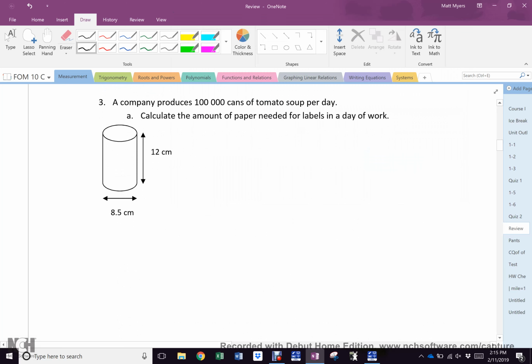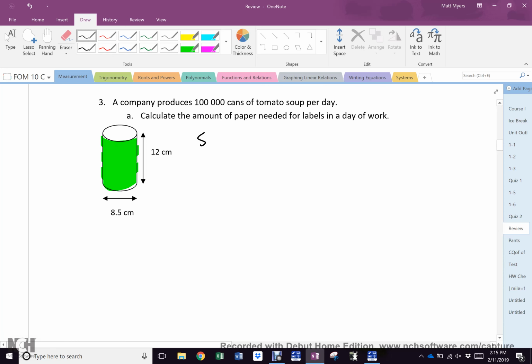Let's talk about cans of soup. Just A. Because once you know A, you can do B. The paper can only go on the rectangle, yes? Does it go inside or outside? Outside.